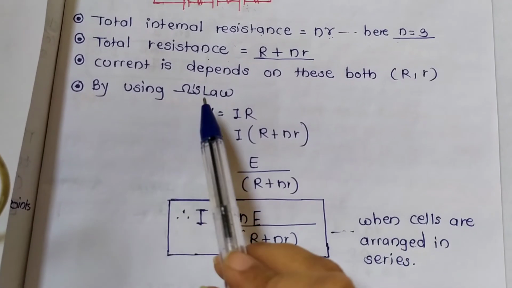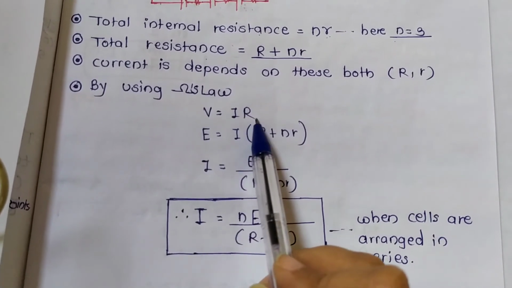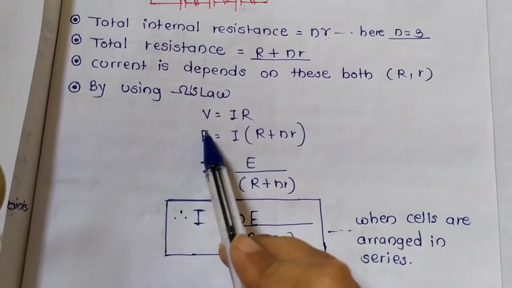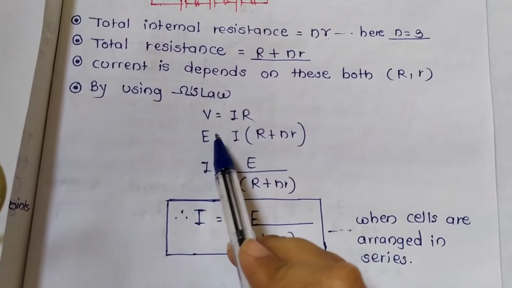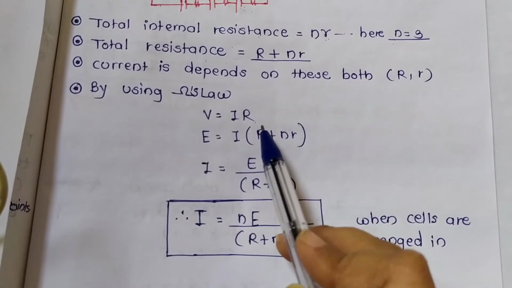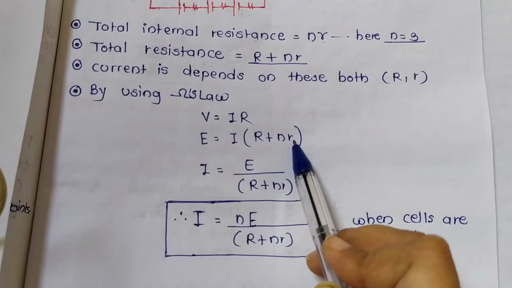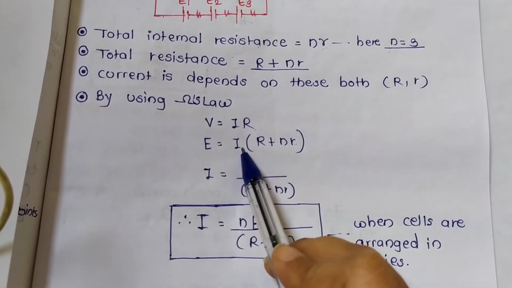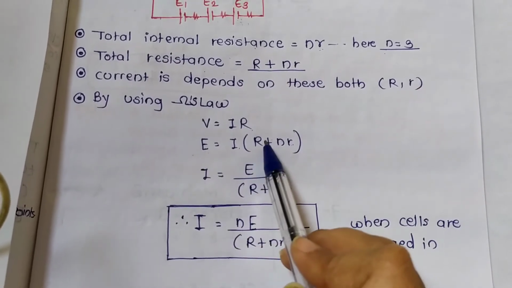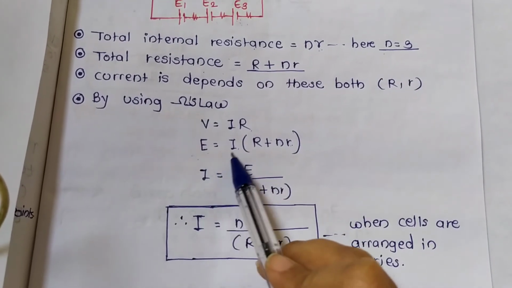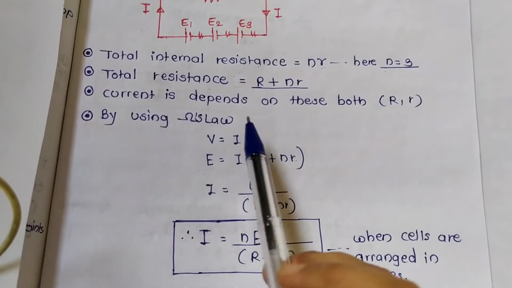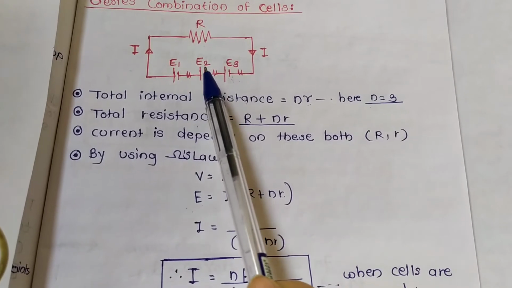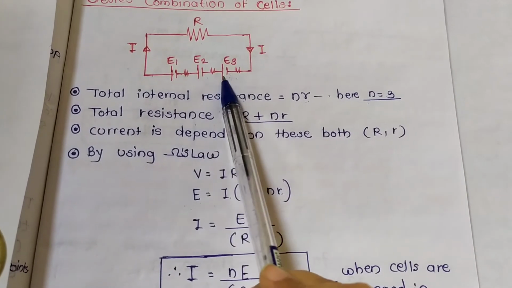Now, by using Ohm's law, V is equal to IR. When EMF E is equal to I into R plus Nr, if internal resistance is provided, then I is equal to E divided by R plus Nr. But in series combinations, E1, E2, E3 voltage drops occur.